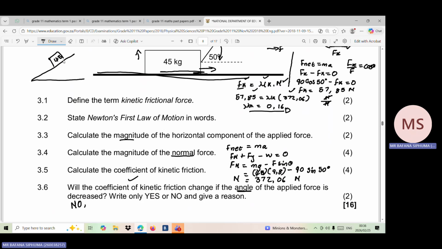The coefficient of kinetic friction in this case of incline will be different from this one on the horizontal. So you tell them no, coefficient of kinetic friction depends on the type of surface.